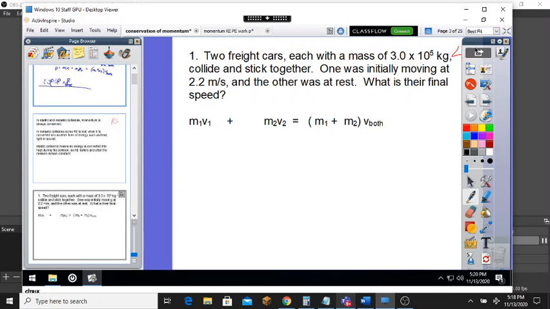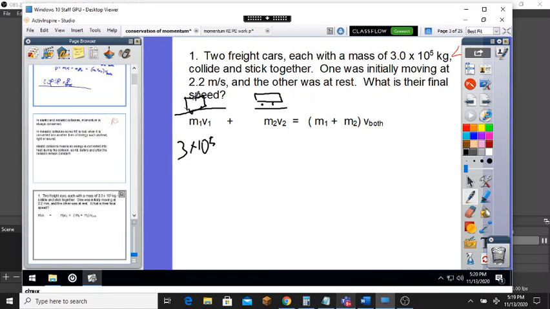Okay, so here we have our first example. That's going to be on the left side. Here you have two freight cars. Let's say they're on the train tracks, right? These two big heavy freight cars. There's one on the tracks, and there's another one on the track, right? They both have the same mass.